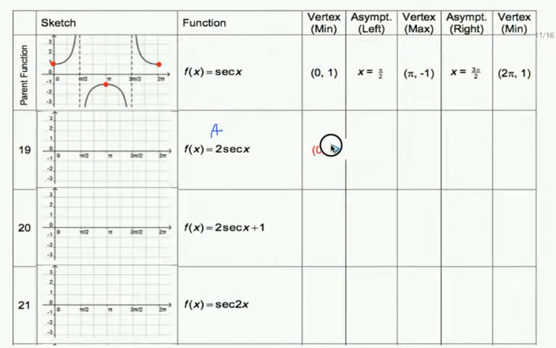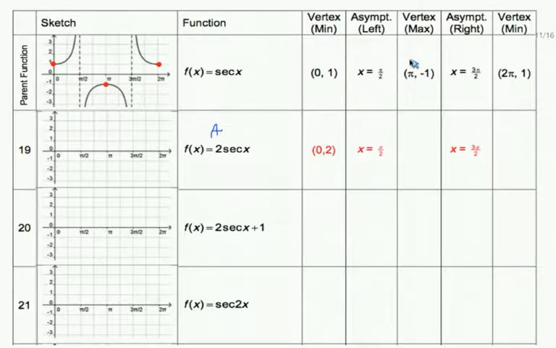You're still going to be at 1, but you'd multiply your y value here by 2. Okay, so we get my minimum at 0, 2. The asymptote here, guys, remember, a only changes the y value, so that's going to stay the same. And this asymptote is also going to stay the same.